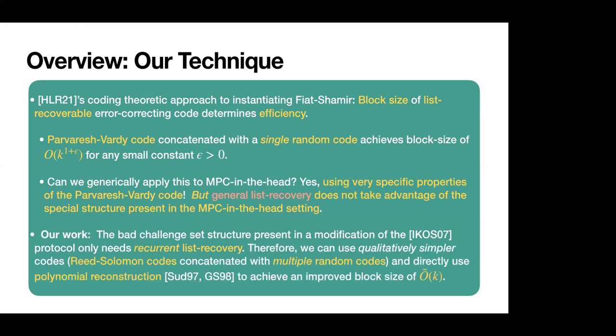This allows us to use qualitatively simpler codes, namely Reed-Solomon codes concatenated with multiple random codes, and allows us to use aggregate size analysis and appeal directly to the polynomial reconstruction algorithm to achieve an improved block size of O tilde of K, so quasi-linear in K.